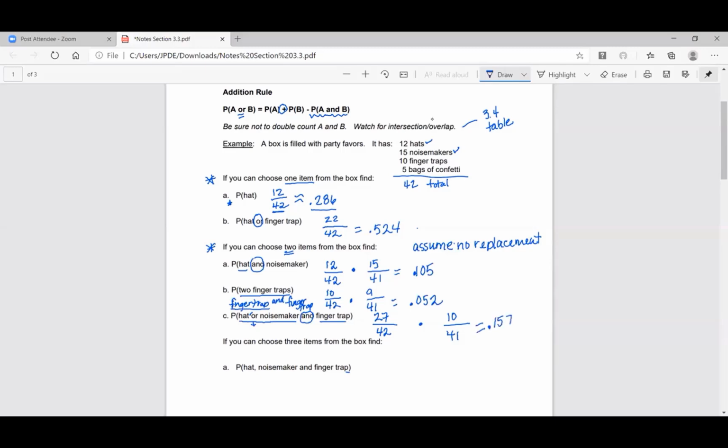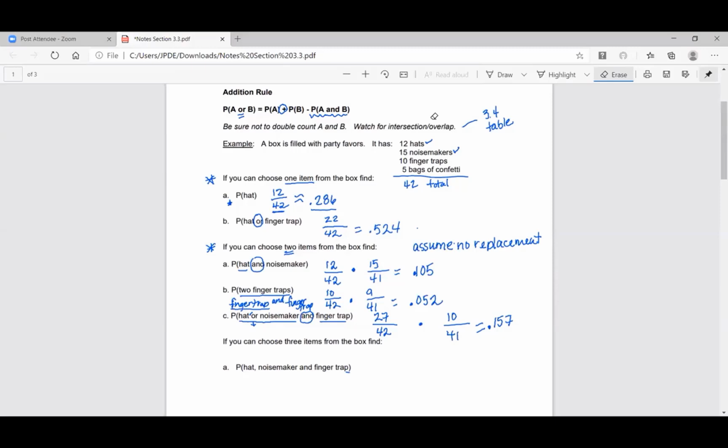And you'll notice I am not getting this value as a decimal and this value as a decimal and then multiplying it. You want to save your rounding until the very last step. So putting this fraction in here and putting this fraction in your calculator and keeping all the decimals, this is the only time you round. Because if you round here and you round here, it's changing your results more so.